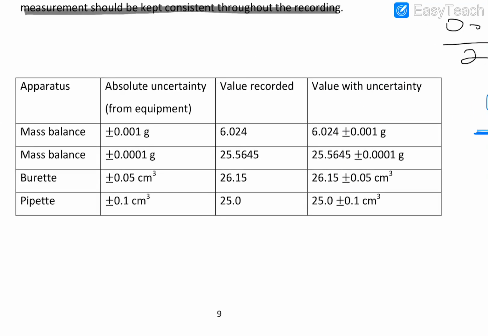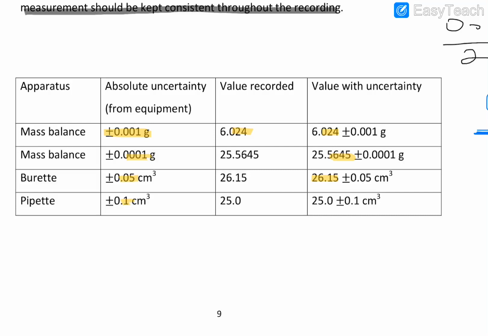These are a few examples given. This is 3 dp, so I'm recording this to 3 dp. Again, this is 1, 2, 3, 4 dp, so this is recorded to 4 dp. This is 2 dp, again 2 dp.